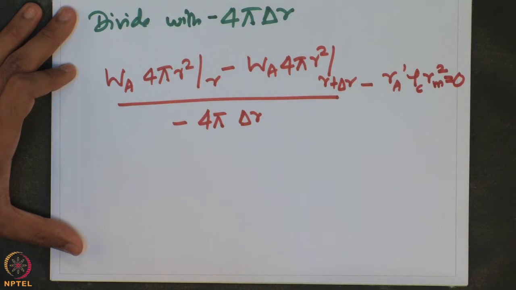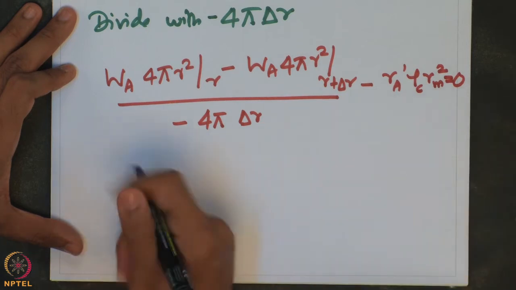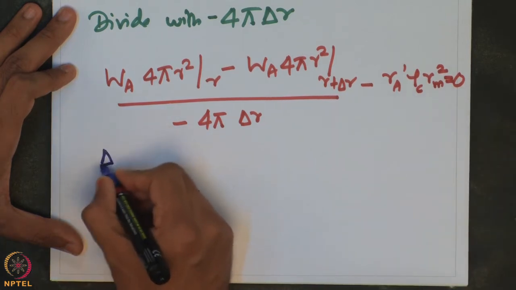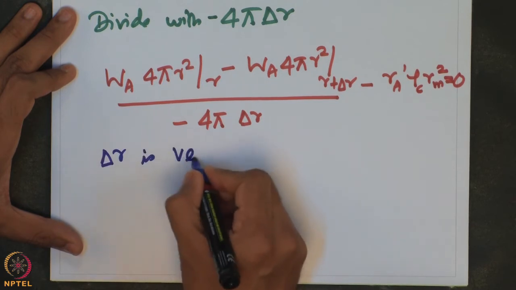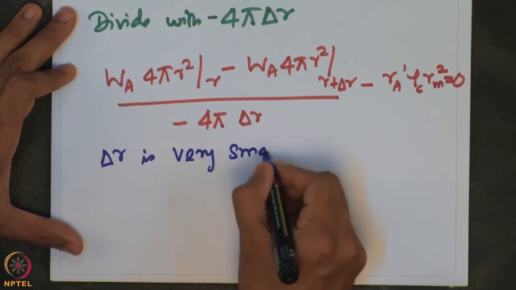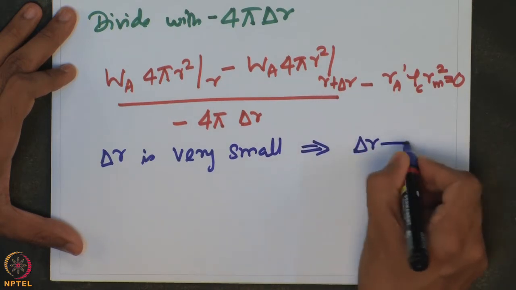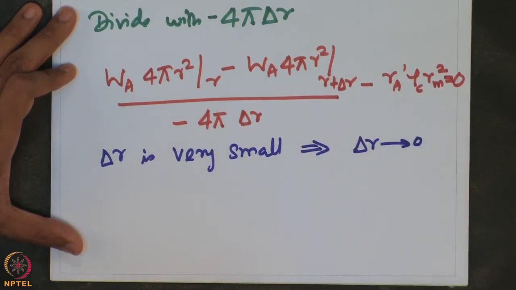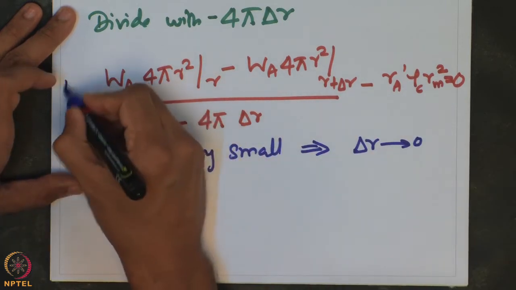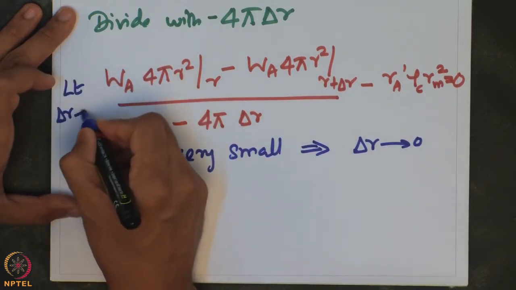Now, if we assume that delta r is very small, which basically means that delta r goes to 0, we can now take a limit.